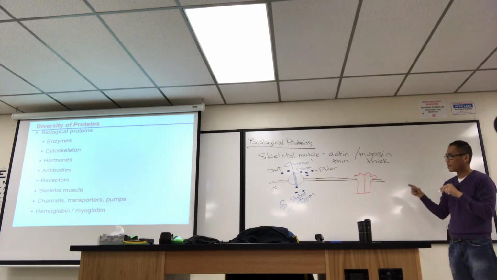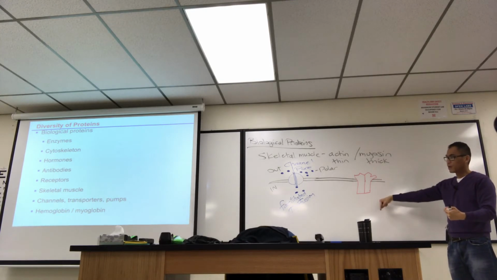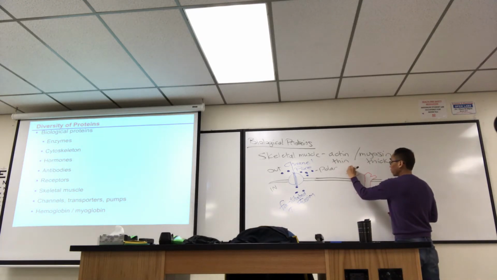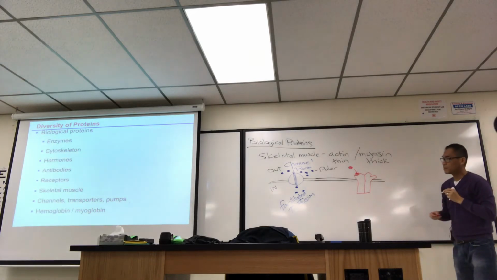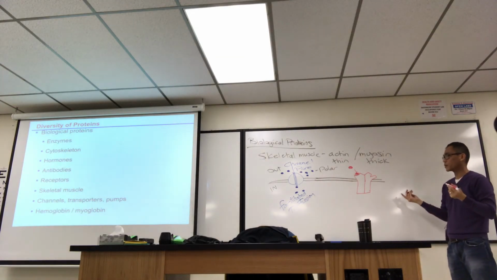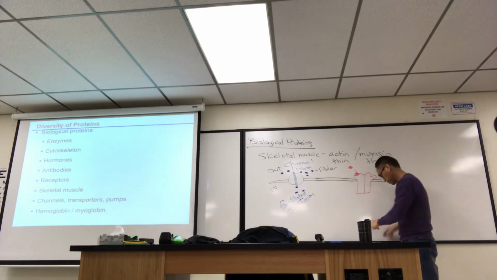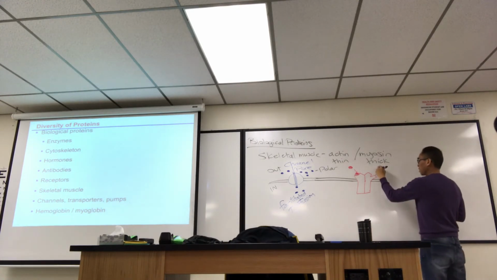Transporters, sometimes they bind their ligands and they change shape to allow diffusion in. So maybe this red ball fits that shape, that's the ligand. Okay? But maybe this transporter transports other things too, along for the ride. Like maybe another molecule.